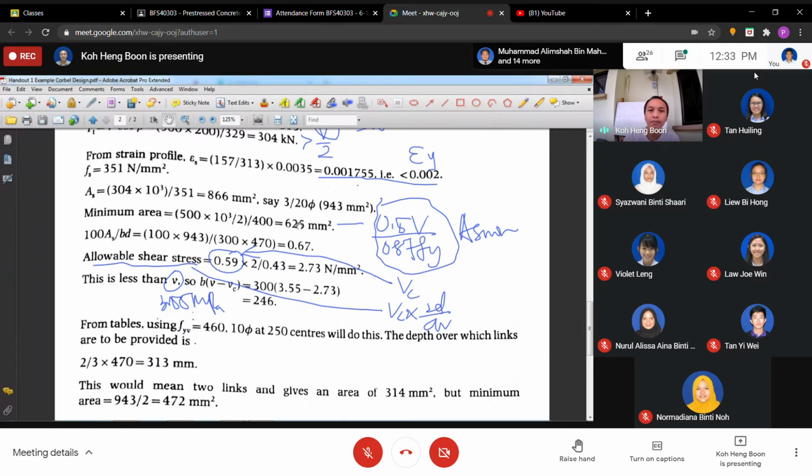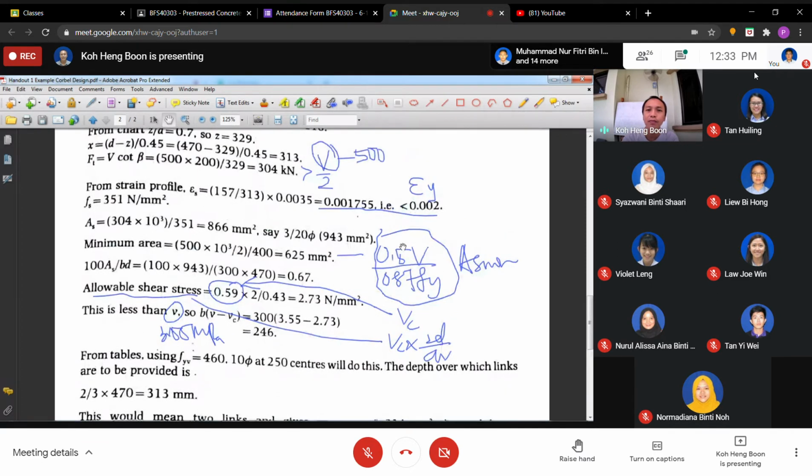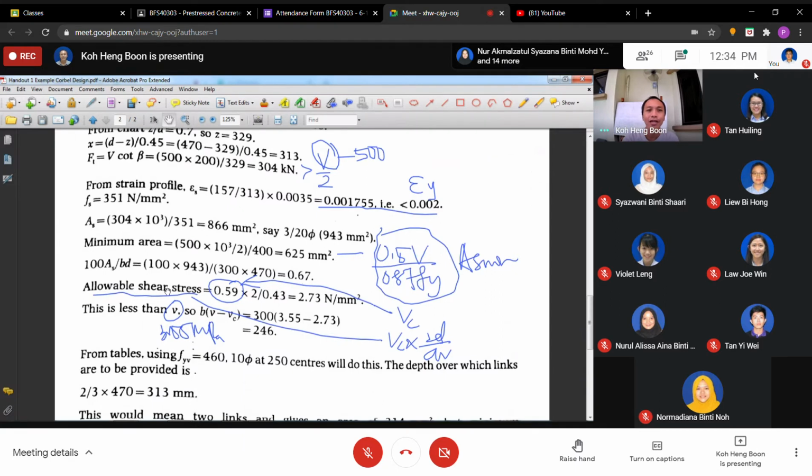Then the minimum, just like I mentioned, must be at least 0.5, half of this one. Actually, once you get this one and prove it is greater than this one, then it will be okay already. You no need to even calculate this one.